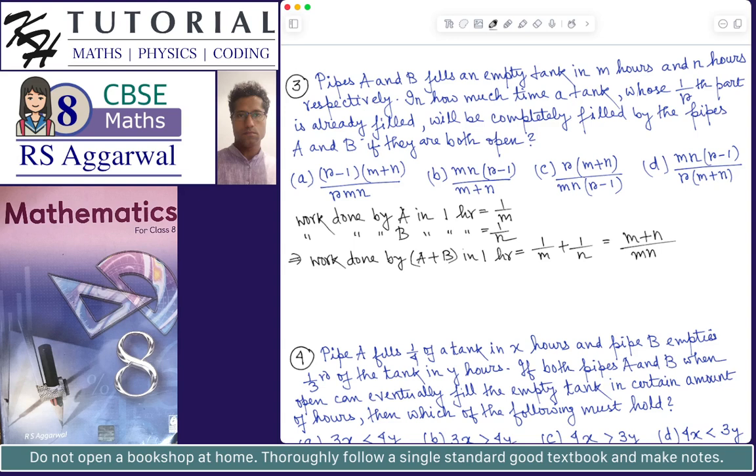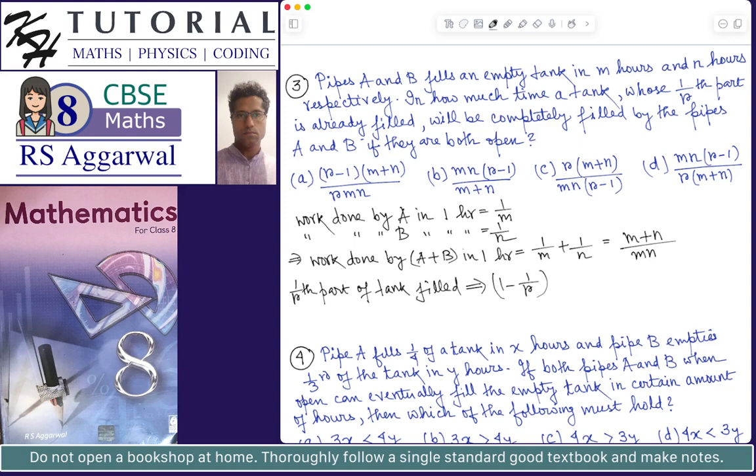Now it is saying that in how much time a tank whose 1 by rth part is already filled will be completely filled by the pipes. So if the tank is 1 by rth filled, this implies that the remaining 1 minus 1 by r part is empty.